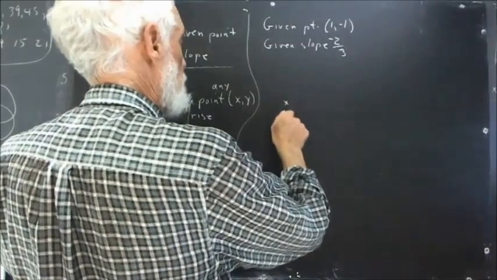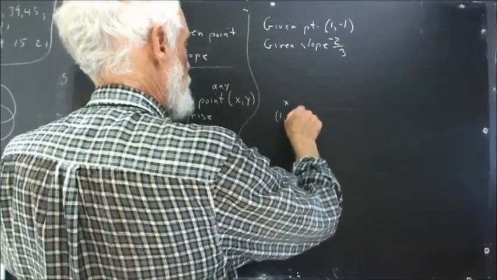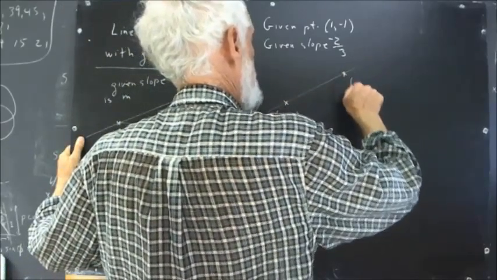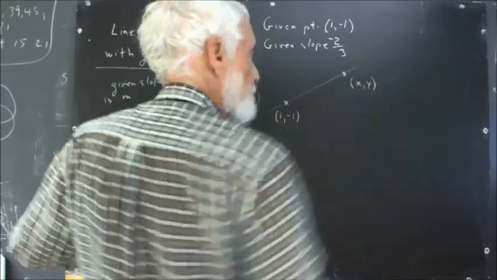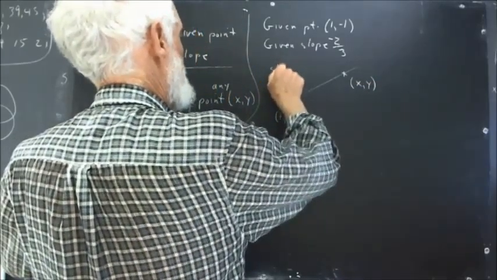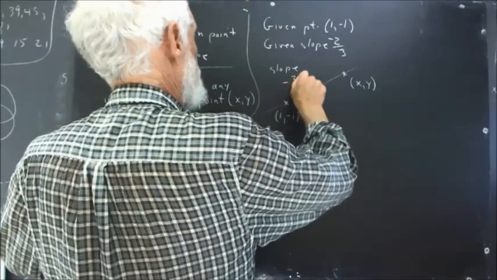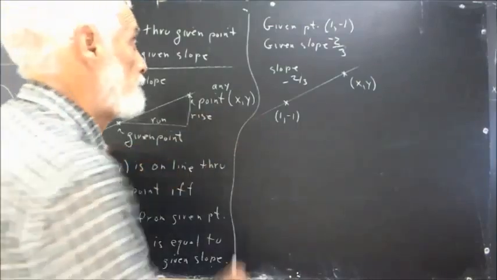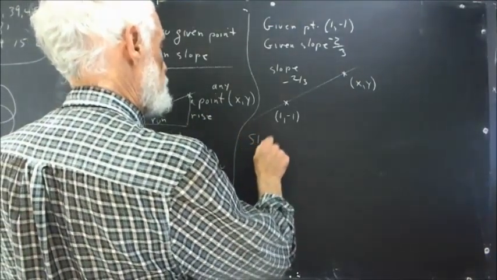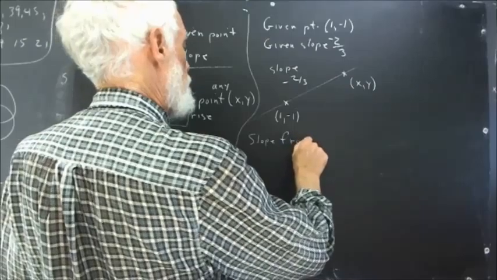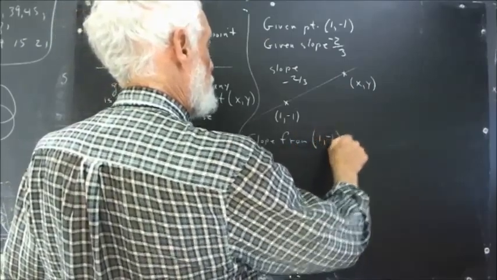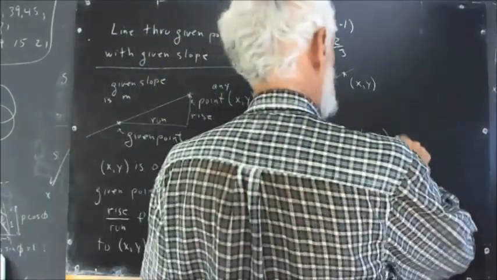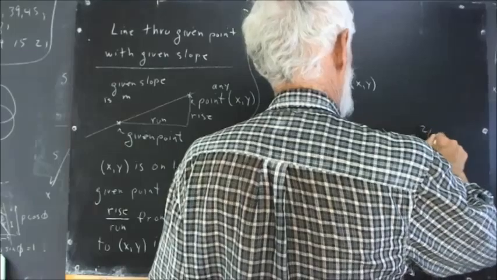So now we have the point 1, -1, and we have the point xy, and the slope is -2/3. Okay, so the slope from 1, -1 to xy is -2/3.